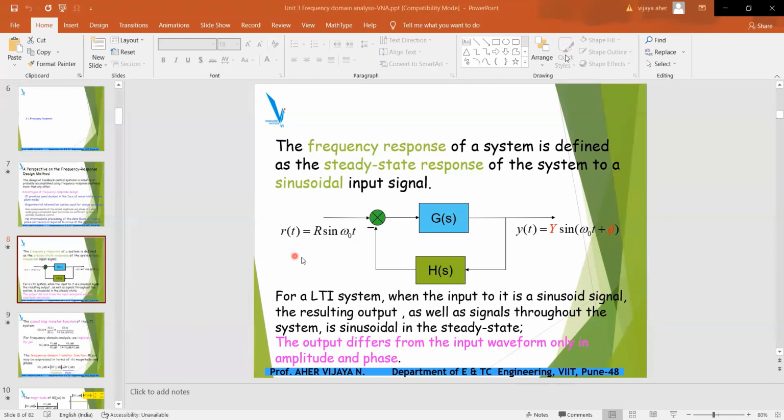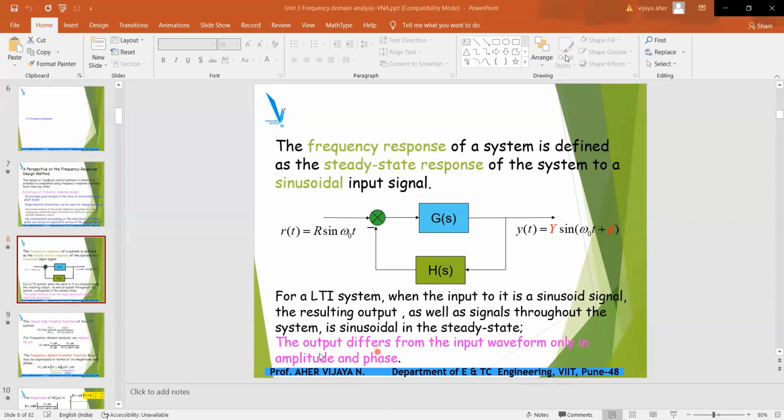So for an LTI system, linear time invariant system, when the input to the system is a sinusoidal signal, the resulting output as well as the signals throughout the system are sinusoidal in steady state.